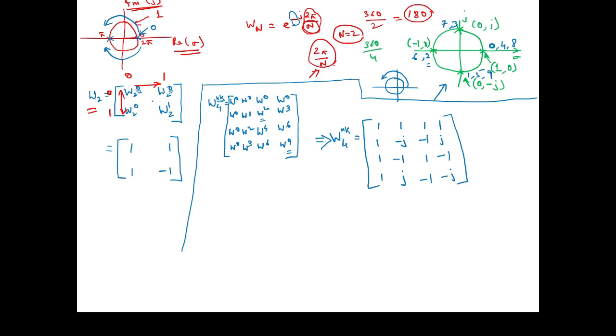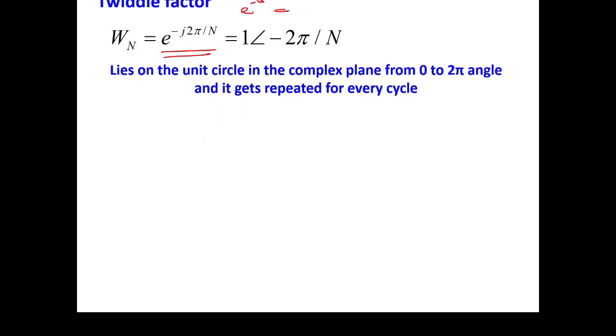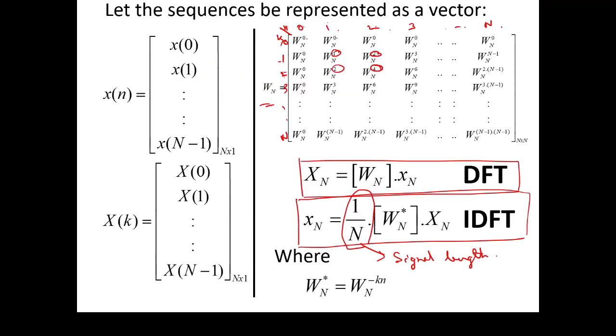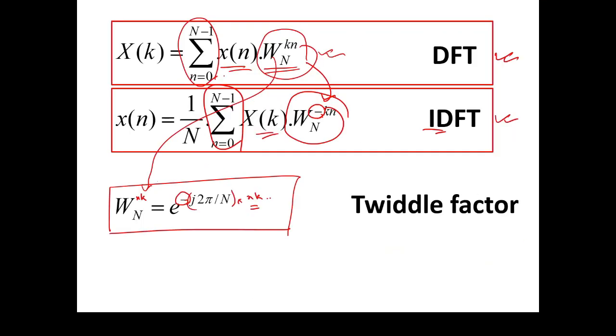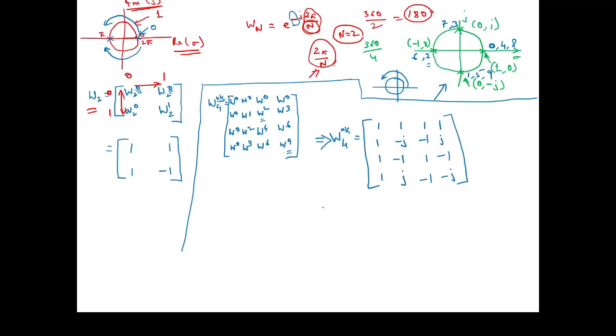Here we need to have 0, and the 0 component by default is 1. So if you go back over here, if you put nk as 0, this whole component would be 0, and e to the power 0 is again 1. Anything to the power 0 is 1. So blindly we will put 1, 1, and here also 1.